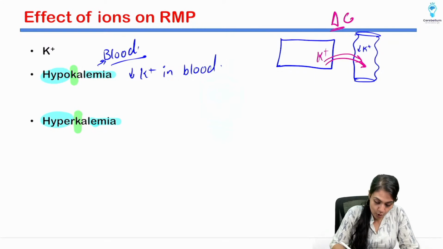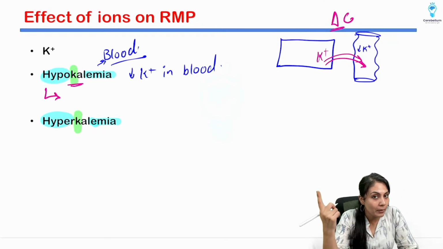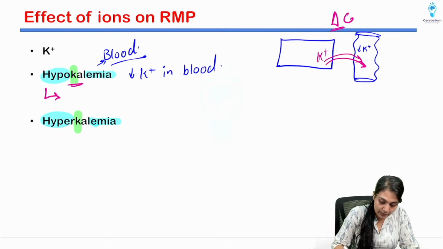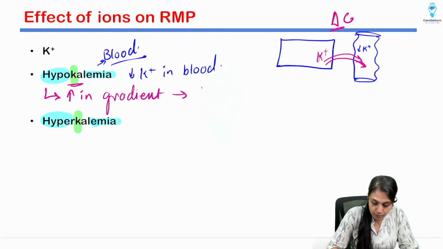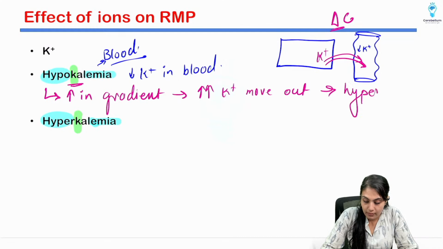So if there is a hypokalemia, emia meaning inside the blood, there will be an increase in the gradient, which will make more potassium move out, and because of that the cell will be negatively charged, and that is known as hyperpolarization.